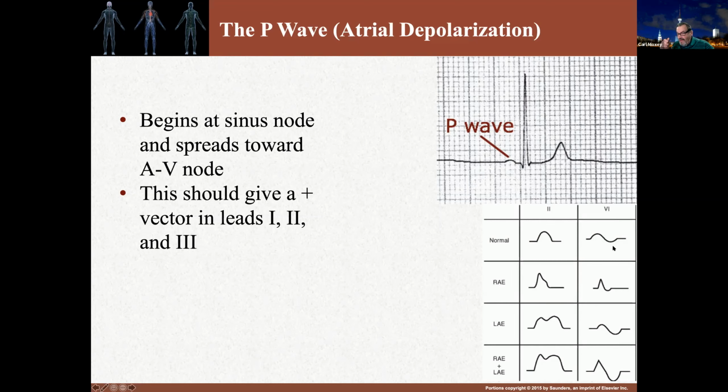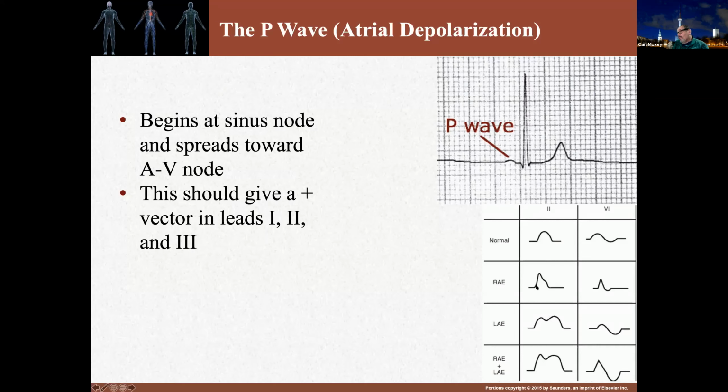The reason for that is simply that you're seeing the effect of depolarizing the right atrium, followed by depolarization of the left atrium. And in the depolarization of the left atrium, the current is running away from the V1 lead, whereas in the right atrium, it's running towards the V1 lead.